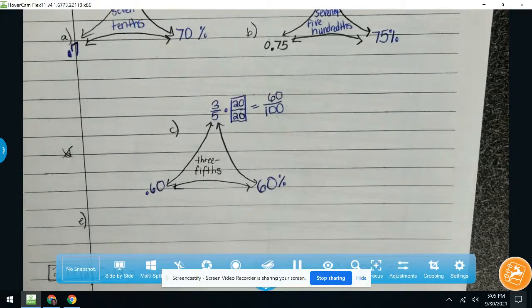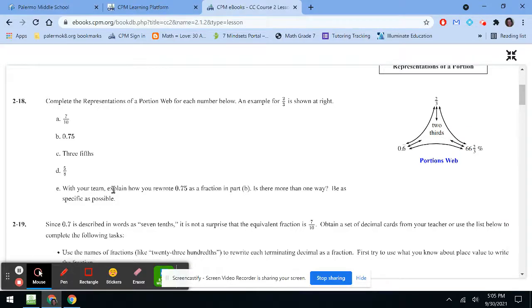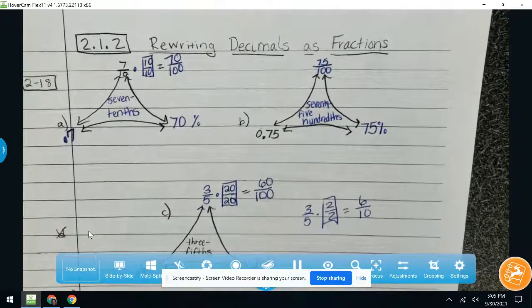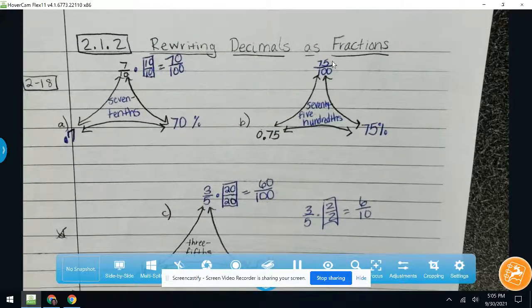It's totally equivalent. Echo says, with your team, that's you and me, explain how you rewrote 75 hundredths as a fraction in B. Is there more than one way? So let's look. Right here in B, we have 75 hundredths. Was there another way that you could have written this?